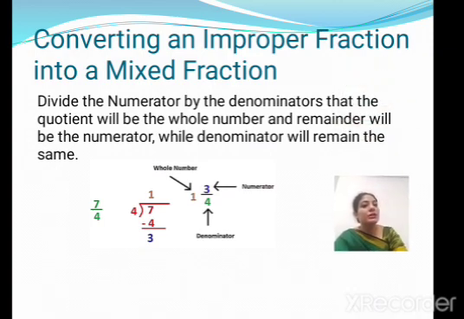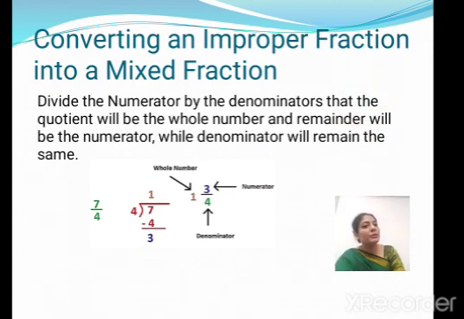Now come to converting an improper fraction into a mixed fraction. How will we convert it? Divide the numerator by the denominator. The quotient will be the whole number and the remainder will be the numerator, while the denominator will remain the same. Here you can see 7 by 4.